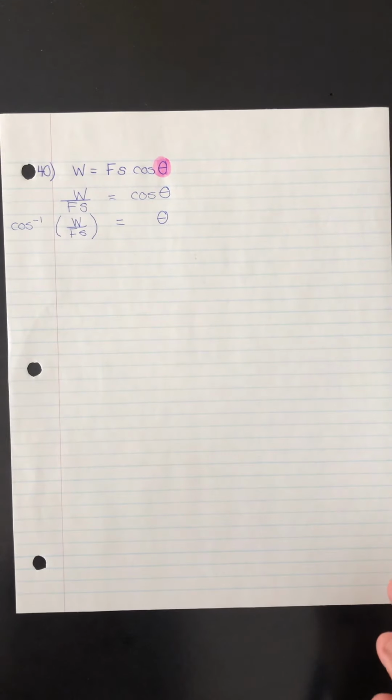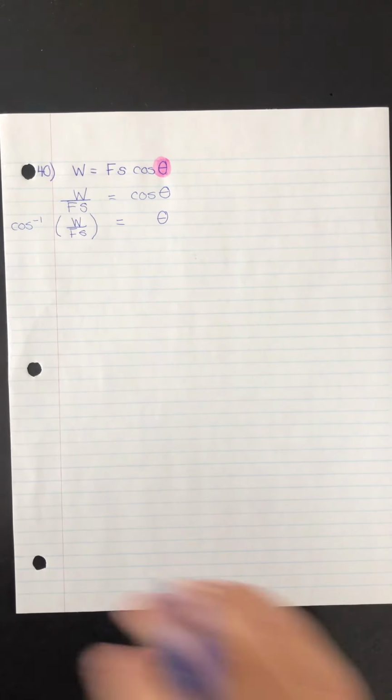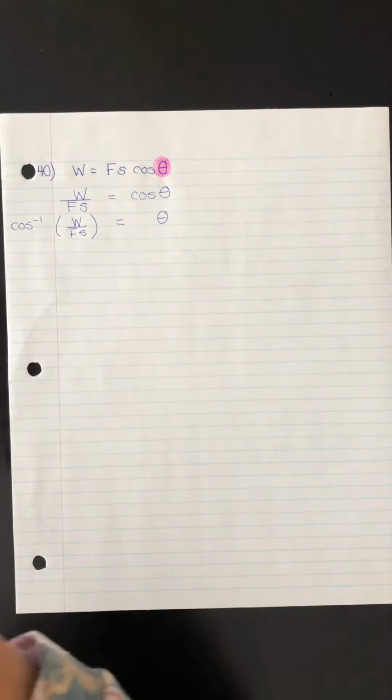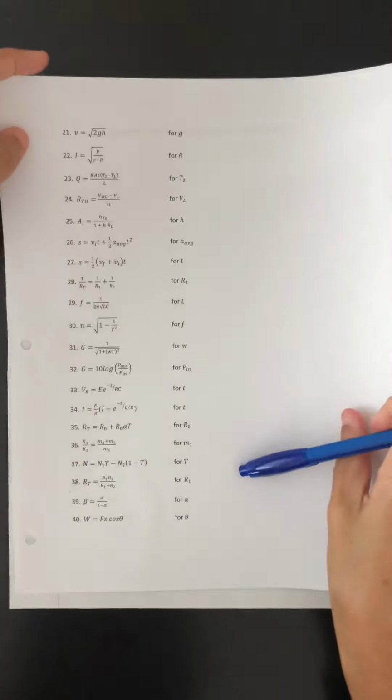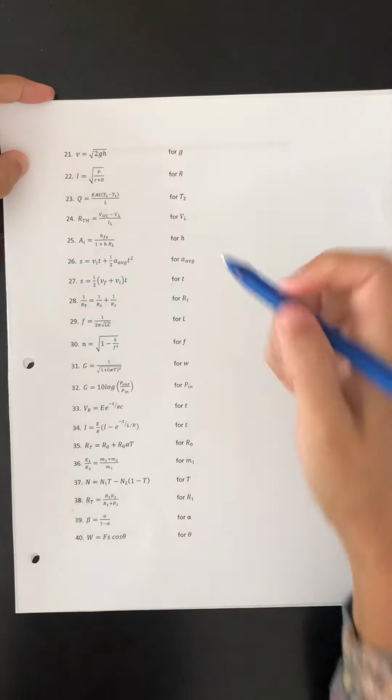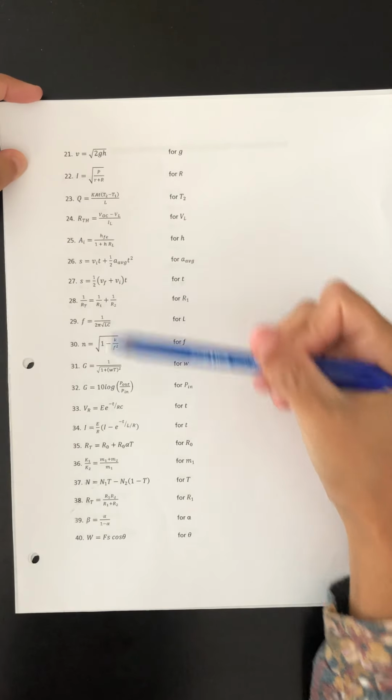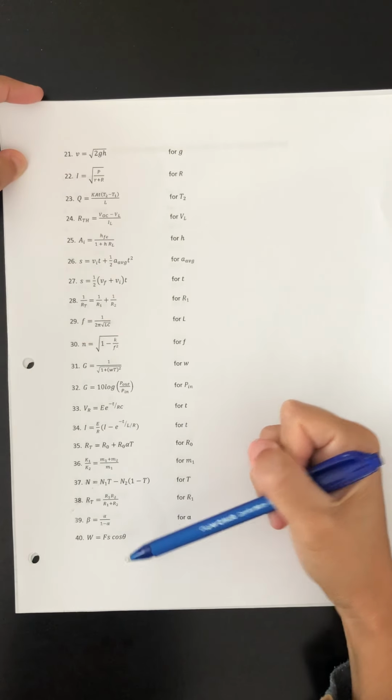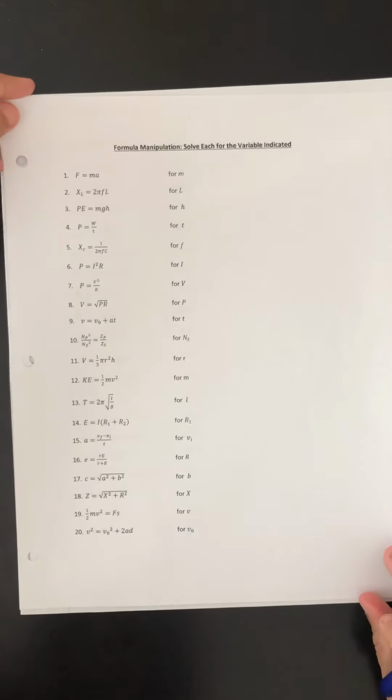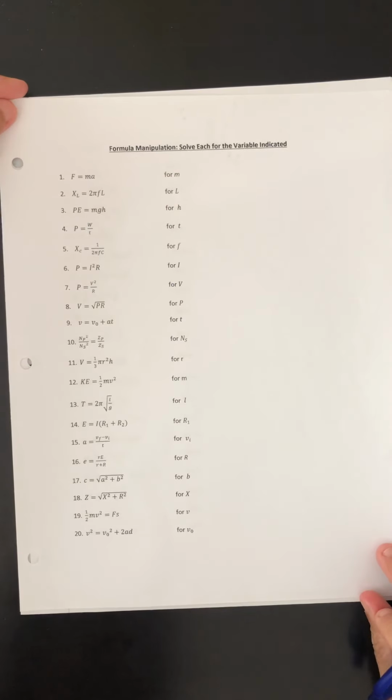Okay, so in the video today, I went through some pretty involved examples we did from 28 through 40 even. So I've now completed all of the even numbered problems with you in this document.